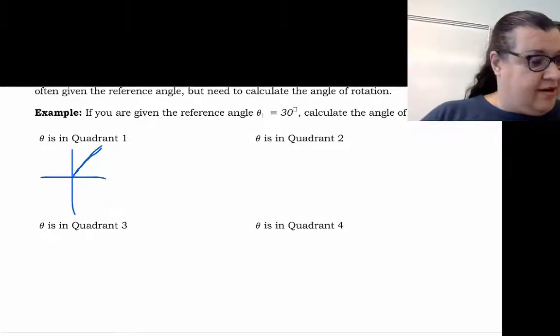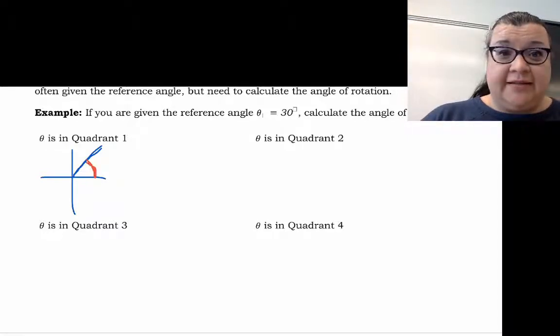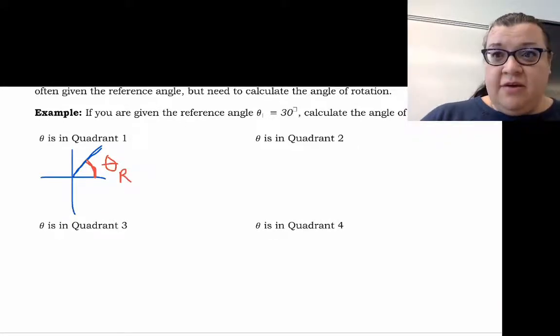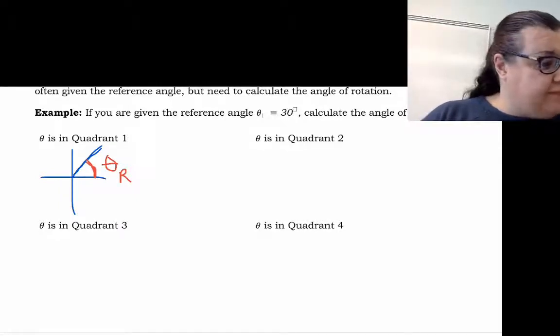Right, so your reference angle is here, as well as your principal angle. Okay, so the symbol we often use for reference angle is theta, which is the symbol we always use for angle, and then a subscript r, that stands for the reference angle.